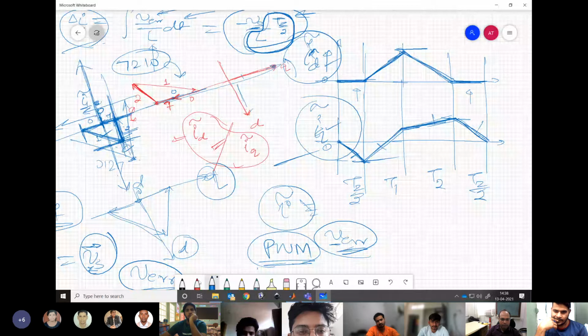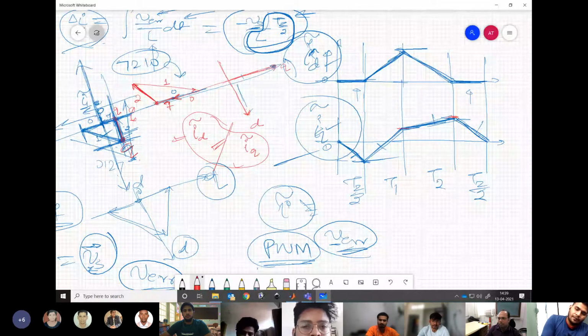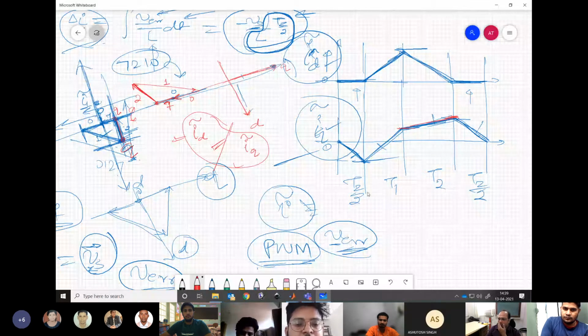This is your Q value. Let me write with red. This is your Q point at the starting and this is your Q point at the end. How much different are they? Very slightly different. That is why these two points are slightly different. It is a line joining these two points, that's all. Clear?